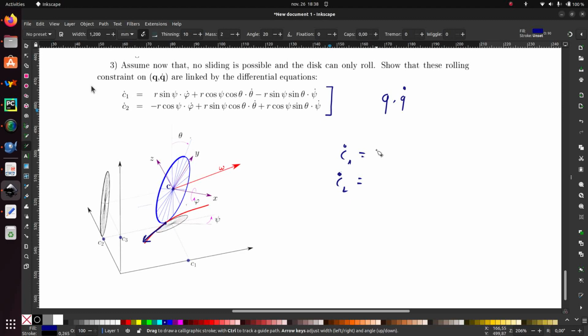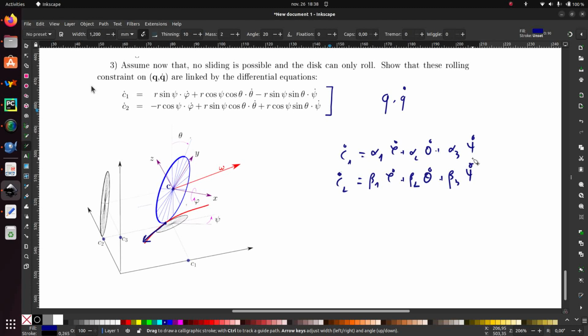So it means that I have something like alpha 1, which depends on q, times phi dot, plus alpha 2 theta dot, plus alpha 3 psi dot, and this one will be something else, beta 1, which also depends on q, phi dot plus beta 2 theta dot plus beta 3 psi dot.